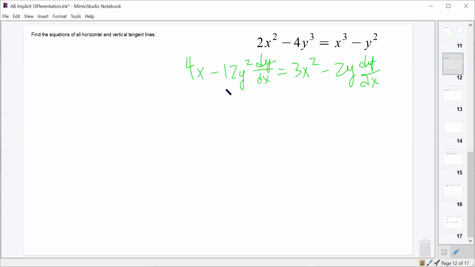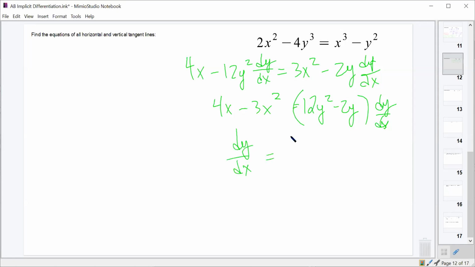And then when you rearranged, you should have got 4x minus 3x squared on the left, and 12y squared minus 2y times the dy dx. And so your derivative should have been 4x minus 3x squared over 12y squared minus 2y. Everybody good to that point?